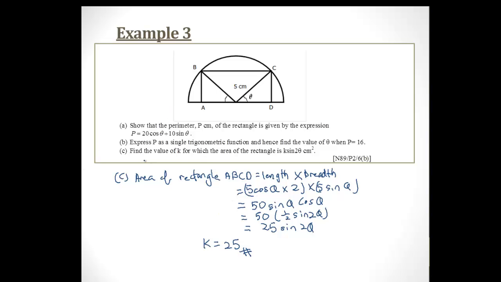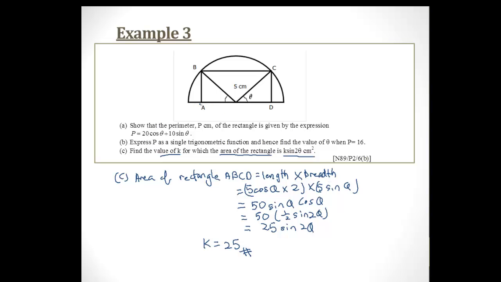In part C, we are asked to find the value of k if the area of the rectangle is expressed in this form: k sine 2 theta cm squared. So I proceed to find the area of rectangle ABCD, taking the area as length times breadth.